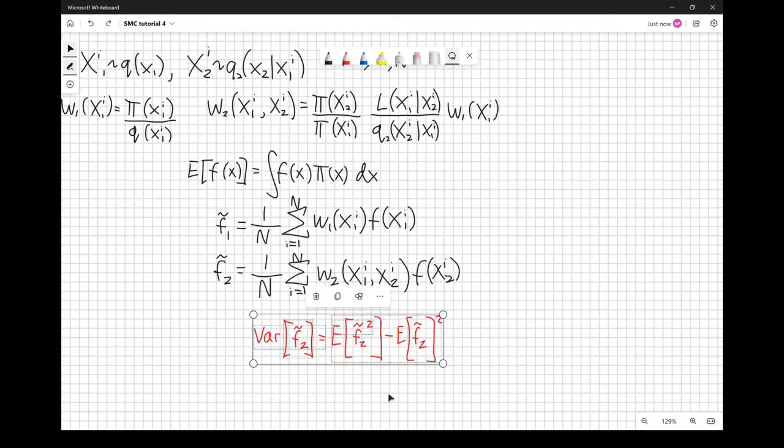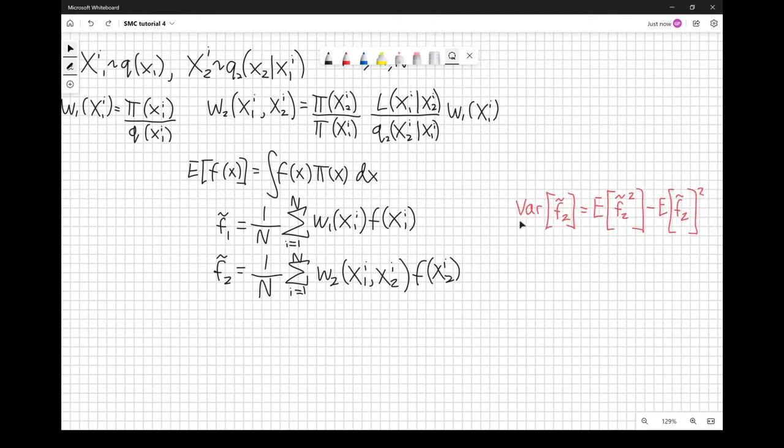So I'm going to move this over here. Now we're just going to replace our weights at iteration 2 with this expression from the previous video. So just moving f, we're just going to remove this and replace with this.